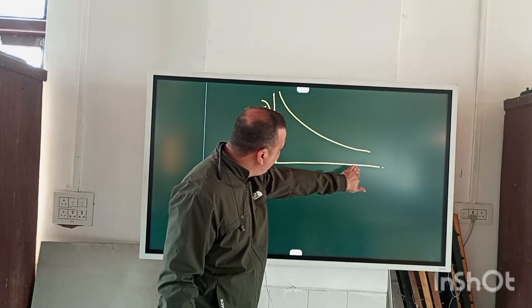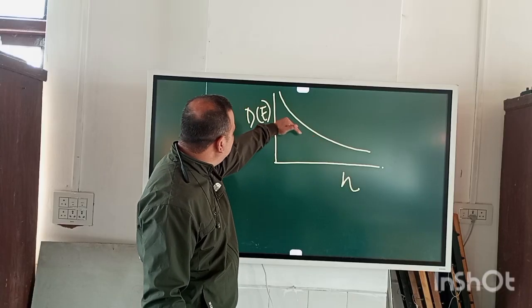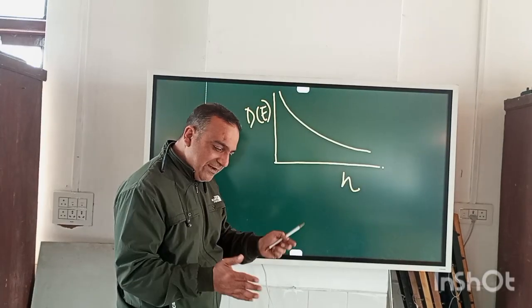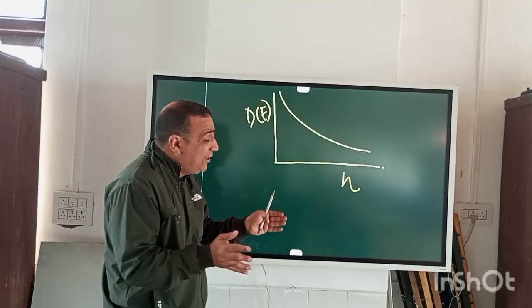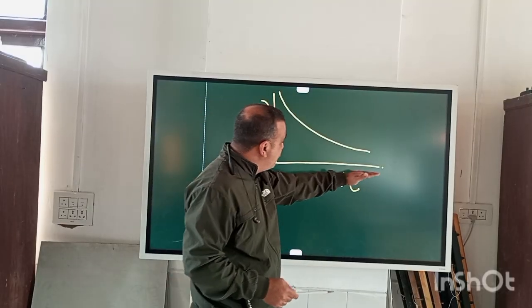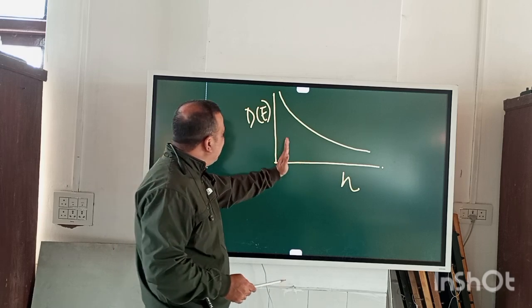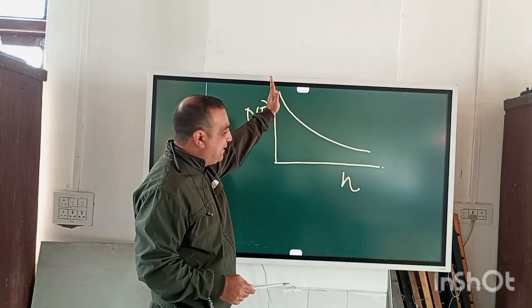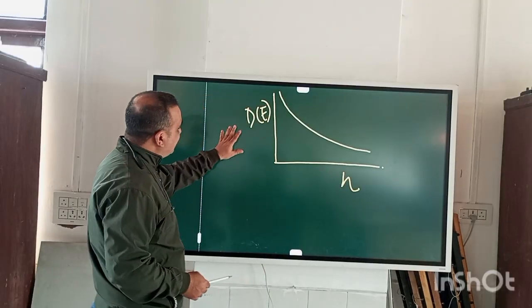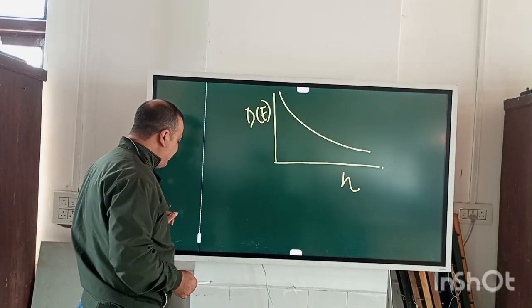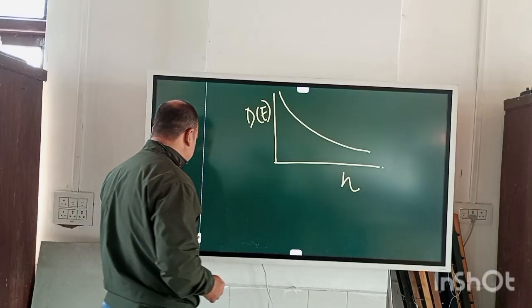So for lower values of n, you can see that the density of states is large. That means the number of energy levels per unit energy range is going to increase if n decreases. The density of states increases, and vice versa. So this is the relation between the density of states and the number of energy levels.